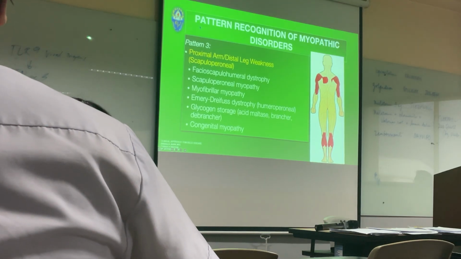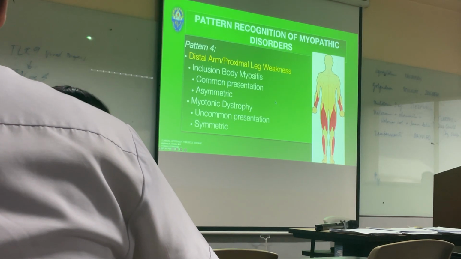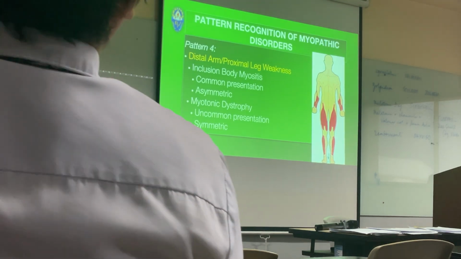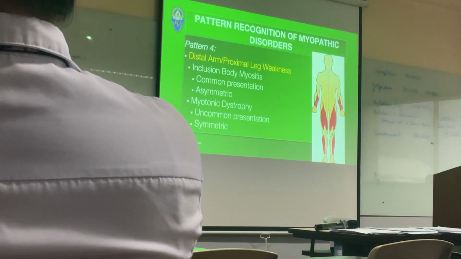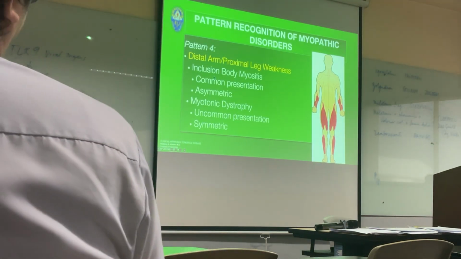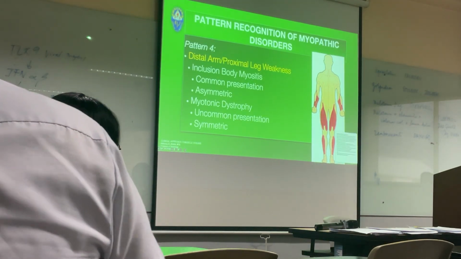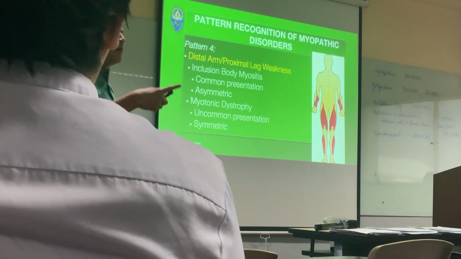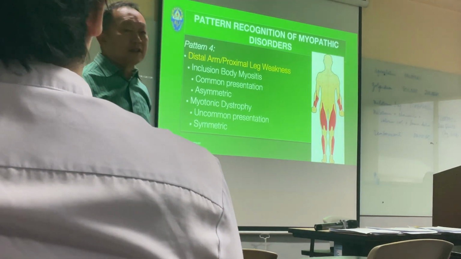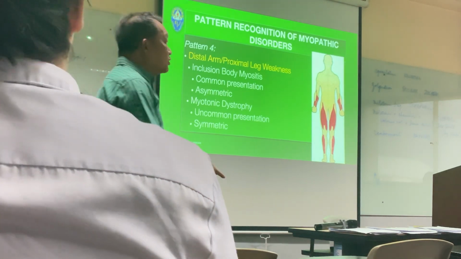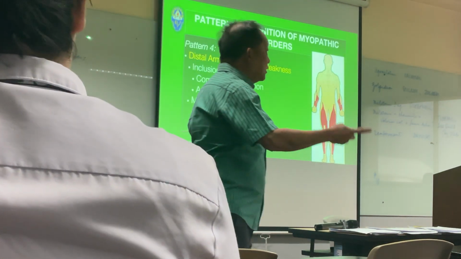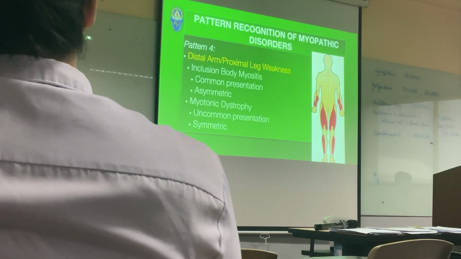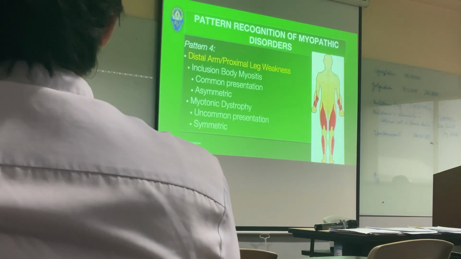Yes? Okay. Distal arm, the reverse, and proximal leg weakness. Okay. Inclusion body myositis. Myositis. So what is closest to myositis? Polymyositis, dermatomyositis. Because it is an inflammatory lesion.